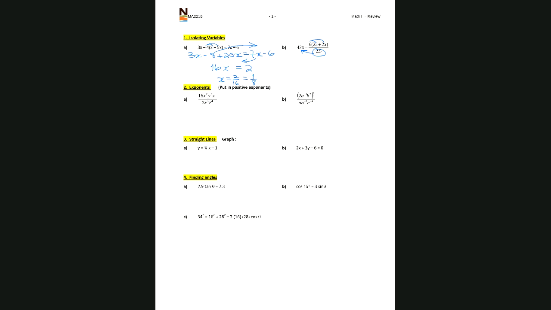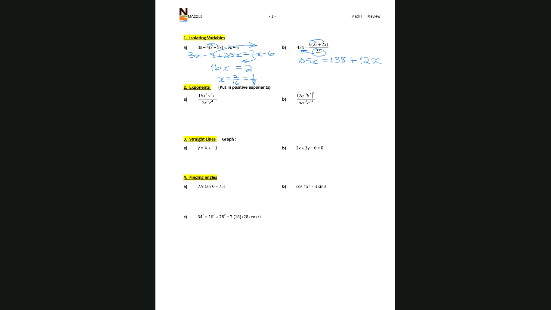So 42x times 2.5 is 105x, and the numerator becomes 6 times 23 and 6 times 2x. Now we have it reduced to something that we had in question A.